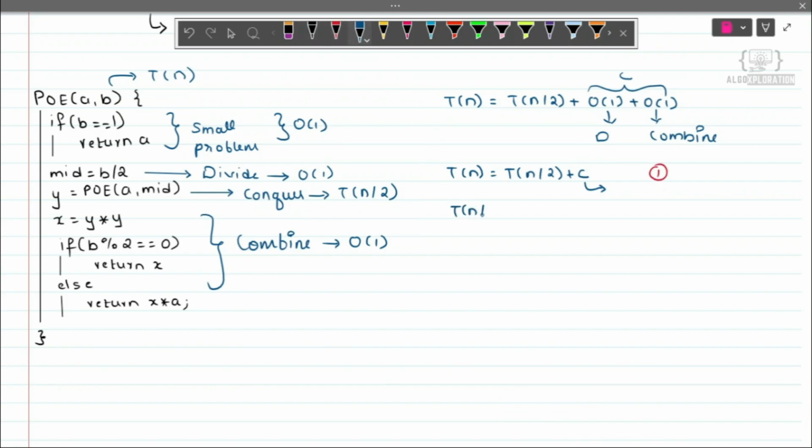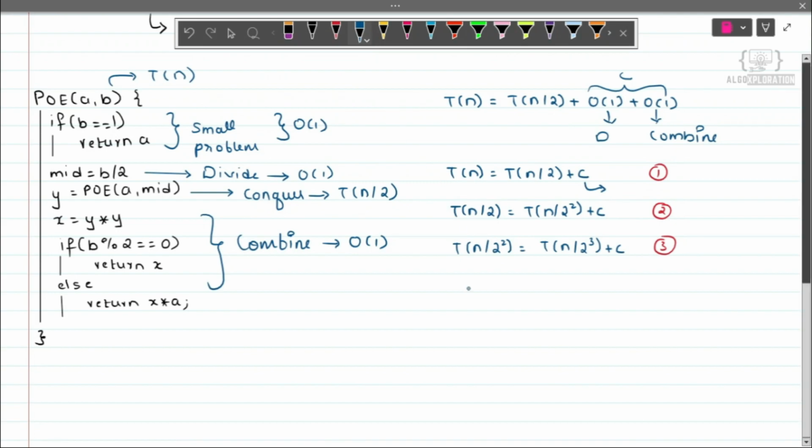T of n by 2 equals T of n by 2 square plus C. T of n by 2 square will be T of n by 2 cube plus C. Now this will be the second equation and this will be the third equation. Now we will substitute the value of T of n by 2 square, that is this, into this part.